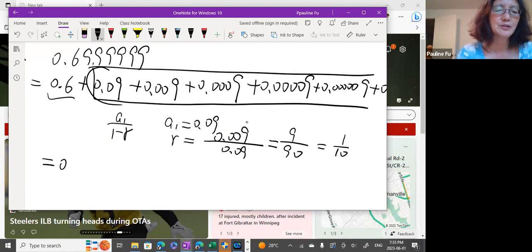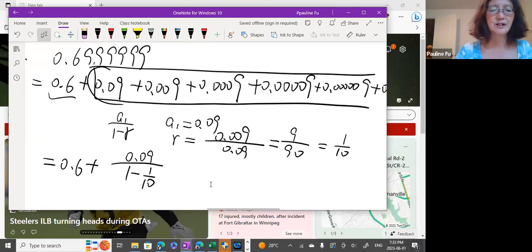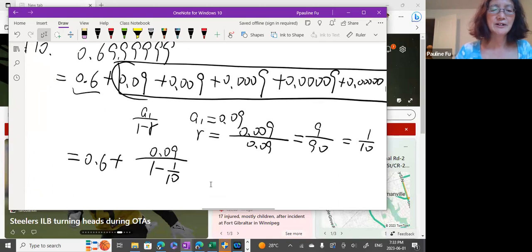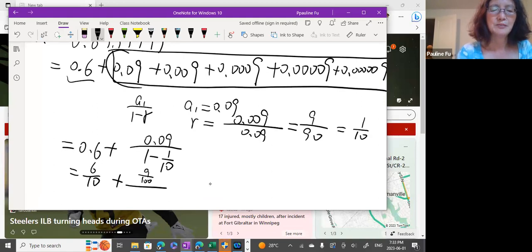Copy down 0.6 plus this formula. A1 is 0.09 over 1 minus 1/10. Our objective is to change to a fraction. So 0.6 is 6/10, 0.09 is 9/100, and on the denominator 1 minus 1/10 is 9/10.